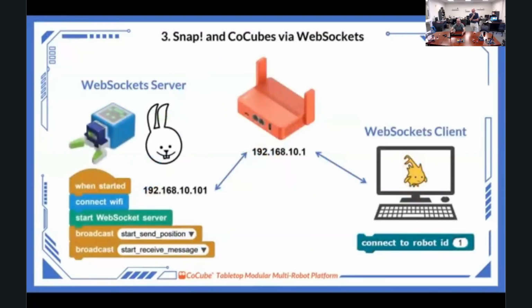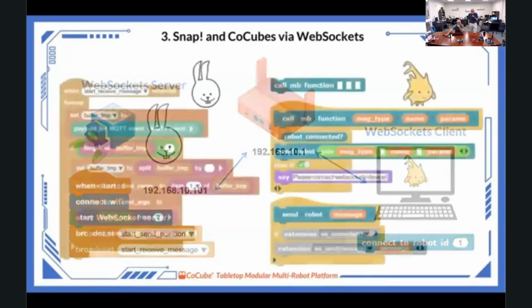So, to make this work and ensure stable and faster communication, we tried to use the WebSockets library. Both the computer and the CoCube connect to the same local network, and the CoCube runs a WebSocket server. The computer just needs CoCube's IP address to enable two-way communication.